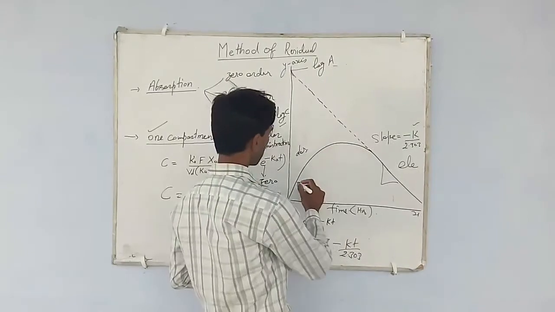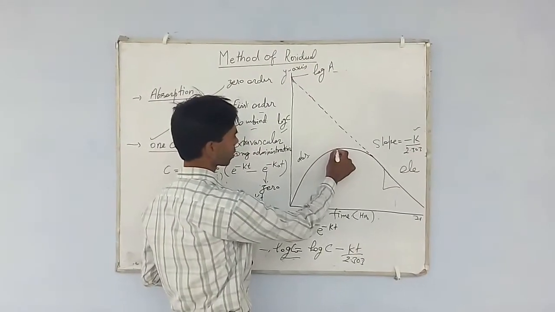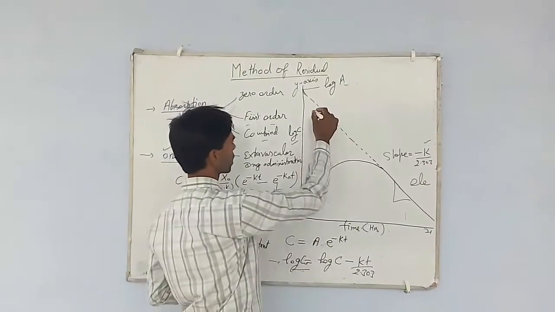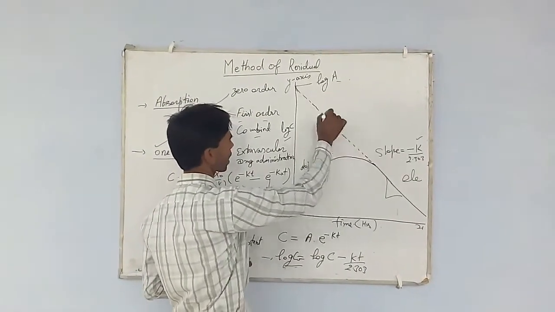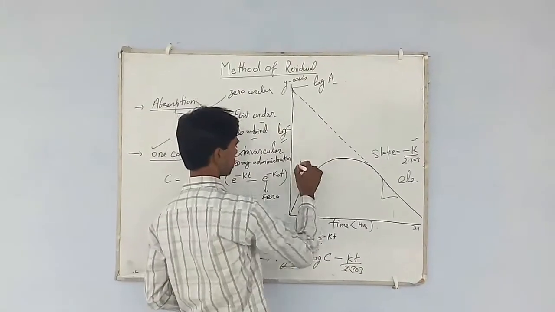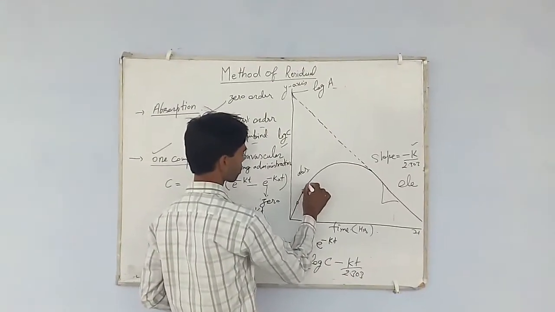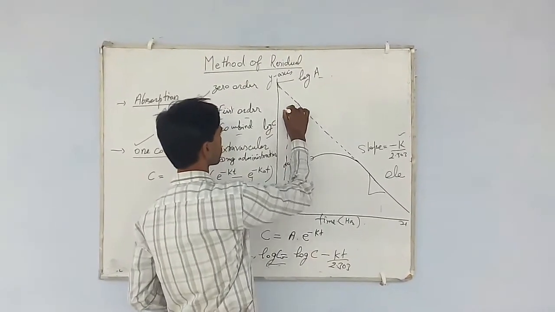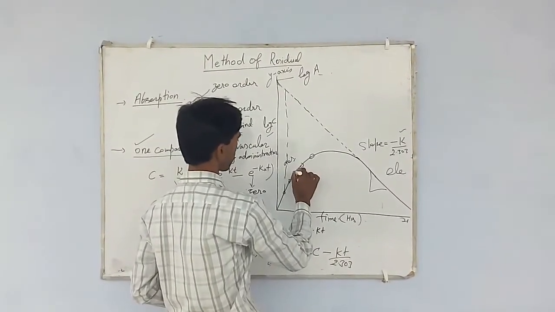Then the actual data of the absorption phase is differentiated from the back extrapolated line, and the points on the absorption phase are extrapolated to intercept the extrapolated line.